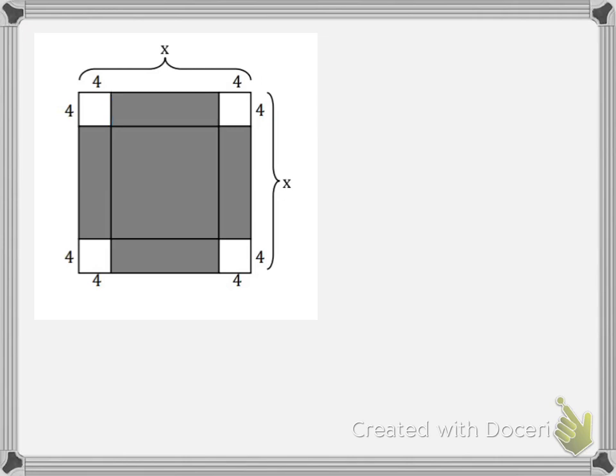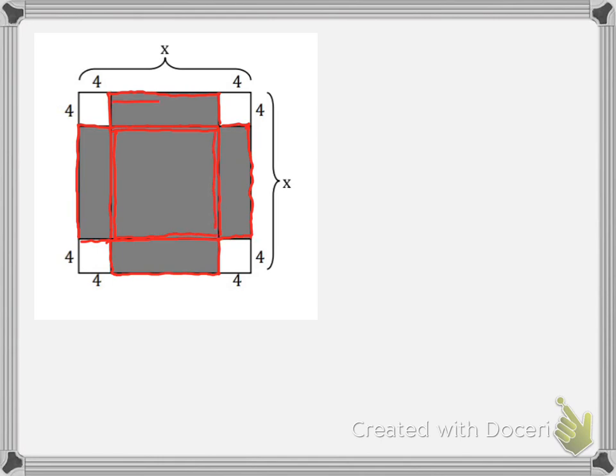Let me get a good color here. So I could find the area of this rectangle, this rectangle, this rectangle, this rectangle, and then this square, and I could add all those areas up.